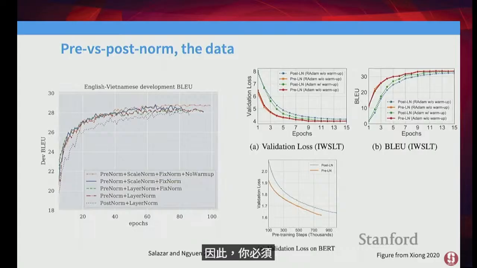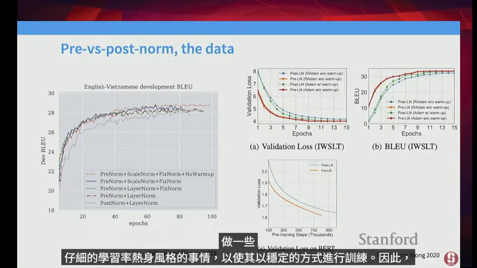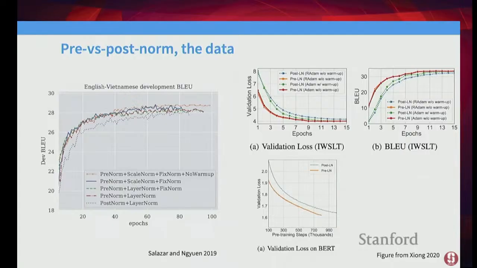So this pre versus post norm thing, if you look into why it was originally developed, the arguments were that if you wanted to use this post norm, it was much less stable, and so you would have to do some careful learning rate warm-up style things to make it train in a stable way.